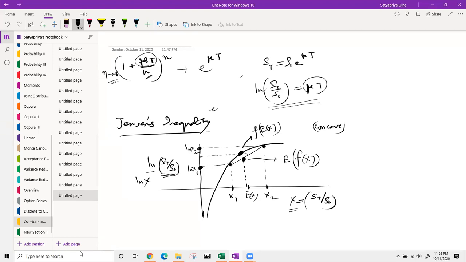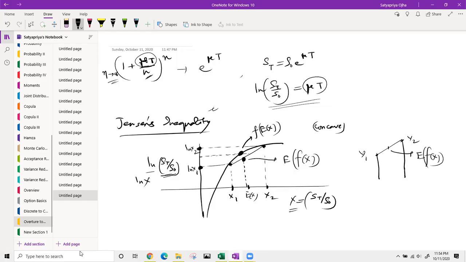Because you see, it's easy. We are looking at two y coordinates, y1, y2. What is the average value of y? How will you get the average value of y? You just join these two and find the midpoint. That is the average value of y. Okay, so this is the average value of y, correct?